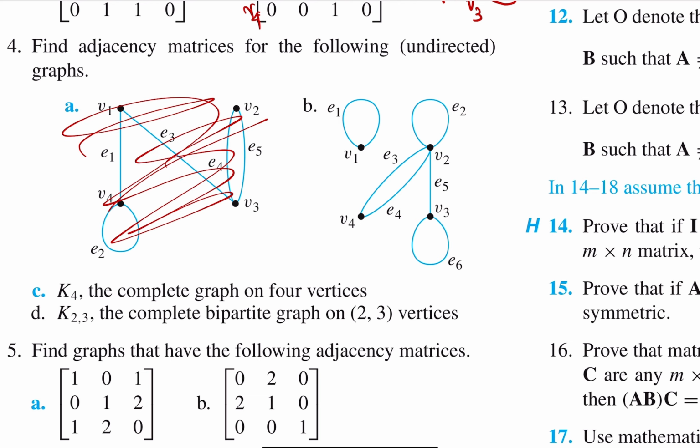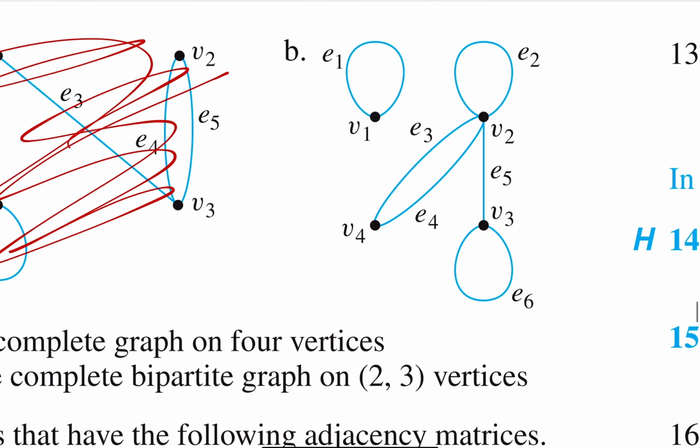We have to focus only on this one. The matrix for this one: V1, V1, we have 1. V1, V2, we have nothing. It's too long. Okay, let me do it here.